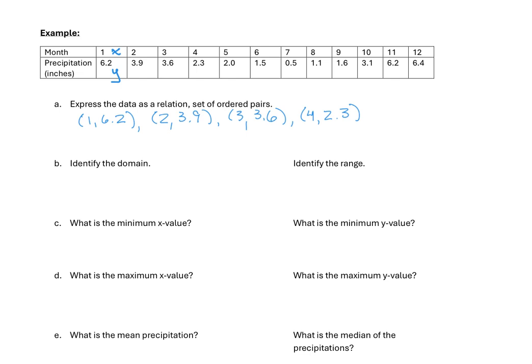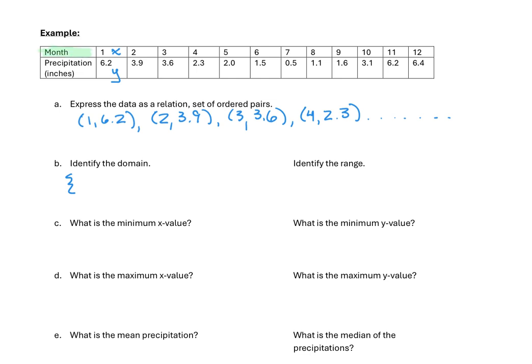If you're okay with that, you can do the rest of the months. Okay, we do want to identify the domain. Our domain is going to be the first row, so this is our inputs, and our inputs are the months.